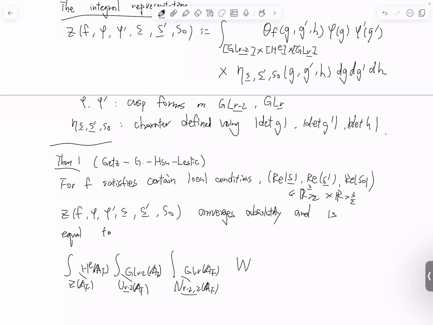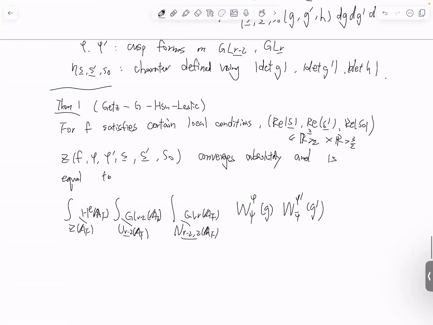The integral function is defined using some generic characters and associated to the cusp form phi and another vector function, v prime, g prime, and also times this F g prime P1H inverse g prime transpose and not P1H.